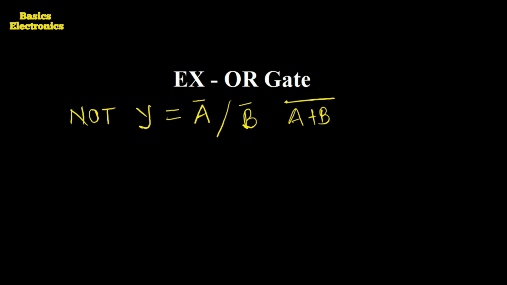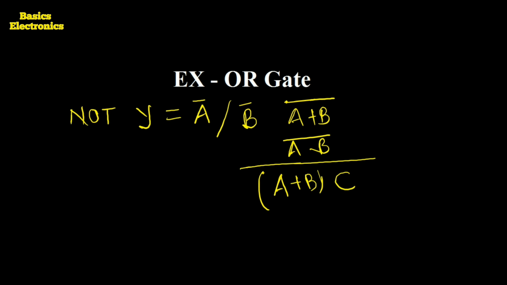For example, if we apply the input a dot b, then its output becomes (a dot b) complement. If we apply the input (a plus b) dot c, then its output becomes ((a plus b) dot c) complement.